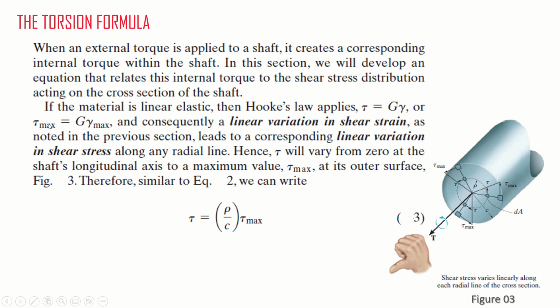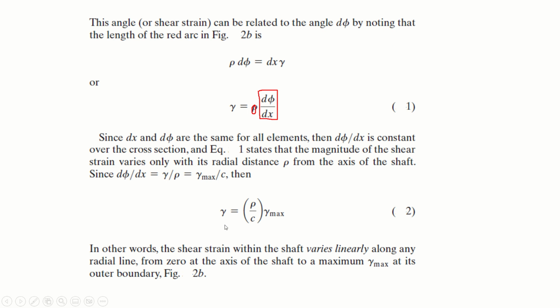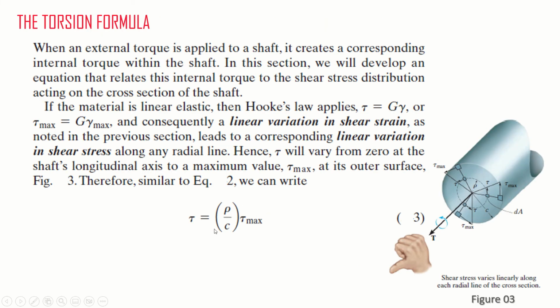So shear stress and shear strain are related by a linear equation. Gamma is maximum when ρ is equal to c, and the same goes for tau, so we can replace gamma in the previous equation with tau. So tau will be maximum where ρ is equal to c.